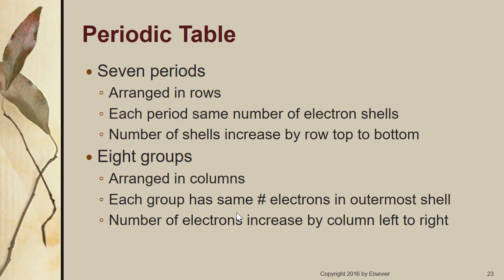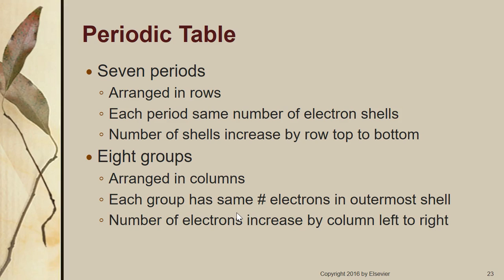The periodic table is a way of classifying elements, and it's organized by periods and groups. And if you don't remember that from early science, when we look at a table in just a second, you'll remember this. So there are 7 periods arranged as rows. Rows go across, and then 8 groups which go down in columns.